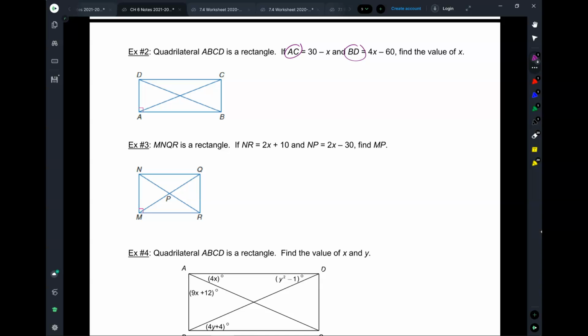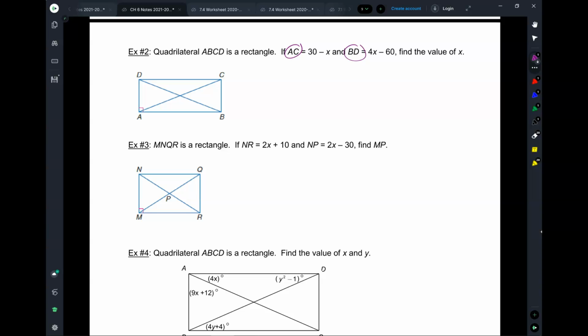So set them equal to each other and go ahead and find x. Okay.